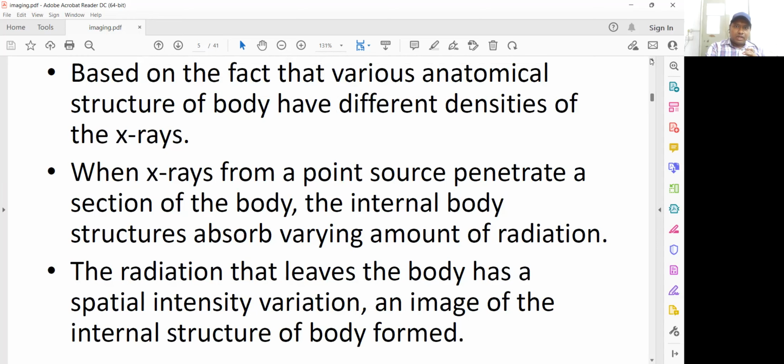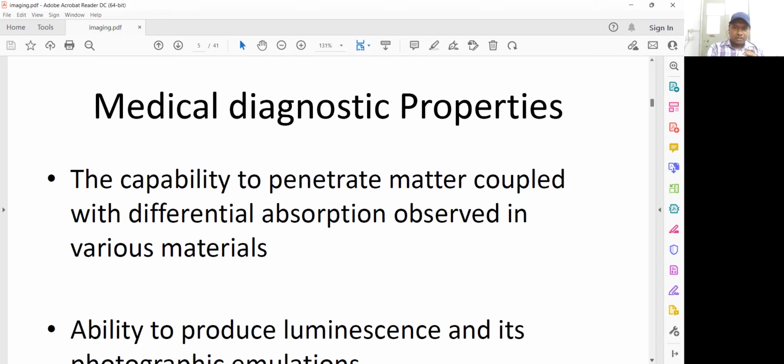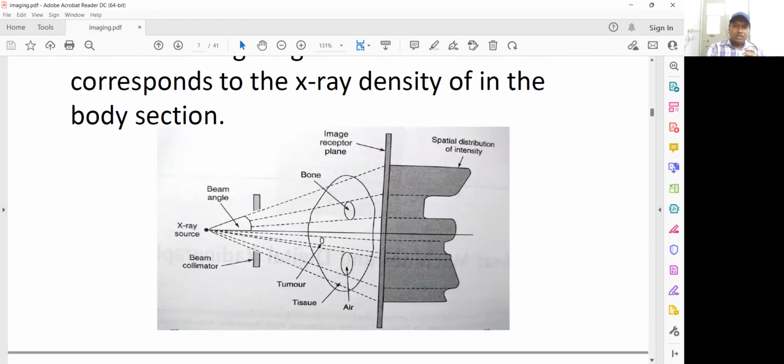And the radiation that leaves the body has some spatial intensity variation, so an image of the internal structure of the body will be formed. After penetrating the bone, the minimum amount of energy is shown in the spatial distribution of intensity.